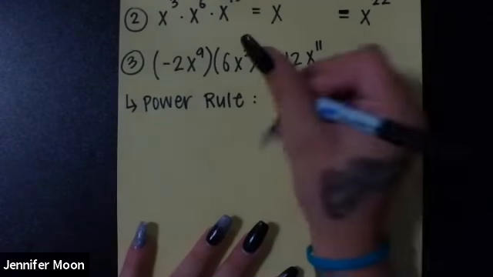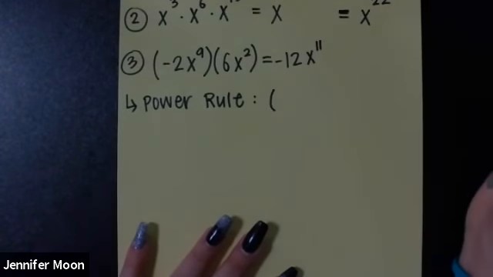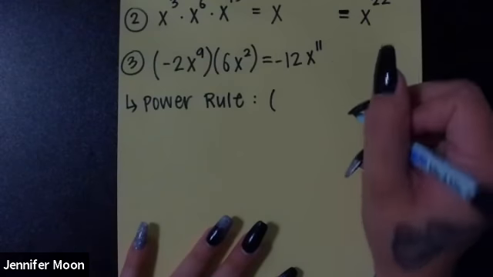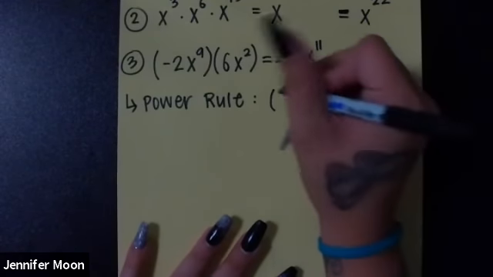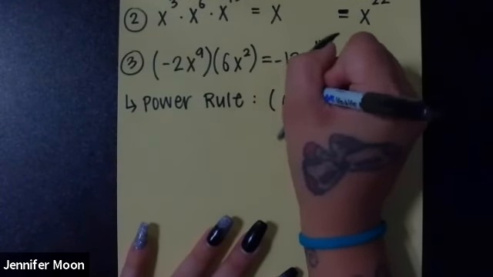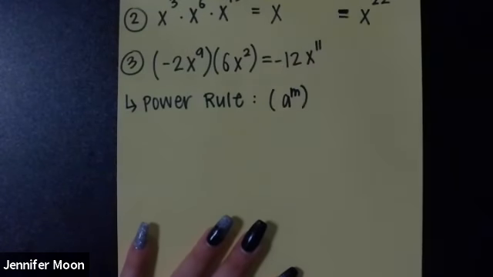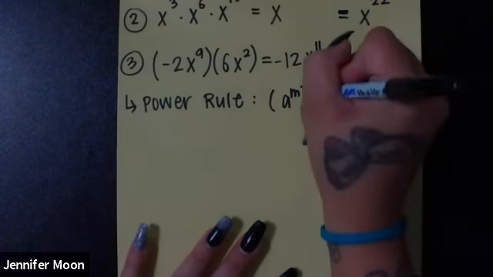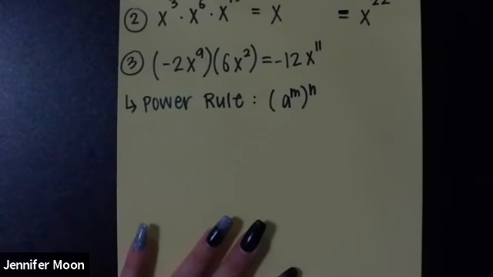Open up a set of parentheses. Inside of it, do a raised to the m power. It's supposed to be imp, but imp is really hard to say. A raised to the m, close your parentheses. We're going to raise it again to the nth power, m and n.